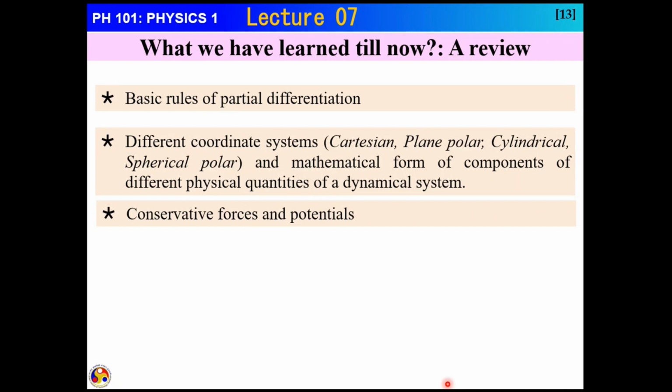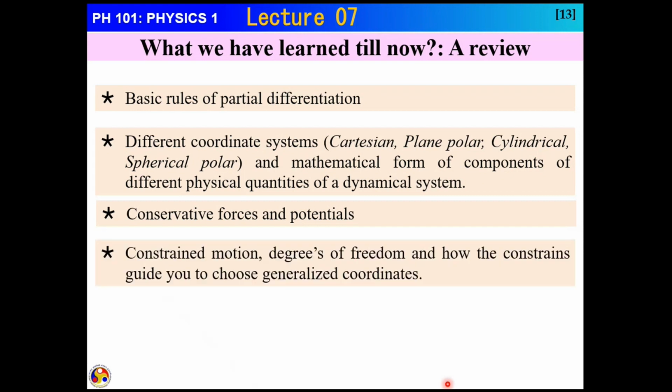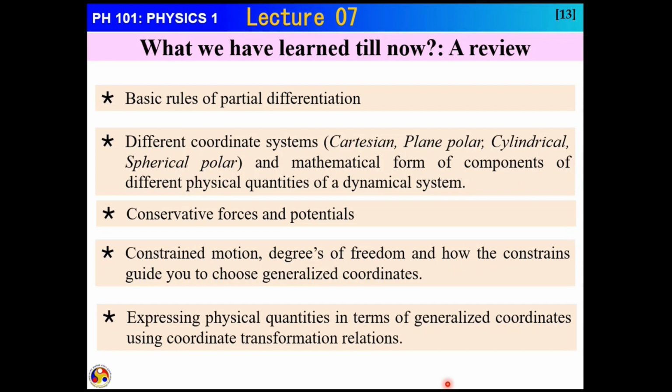Then we discussed potential, conservative forces, and hence potential, constraint motion, degrees of freedom, and how the constraints guide you to choose the generalized coordinates, right? Expressing a physical quantity in terms of generalized coordinates using coordinate transformation relations.